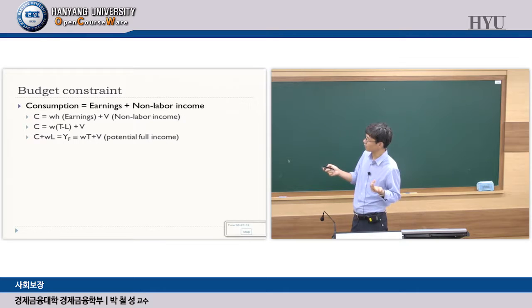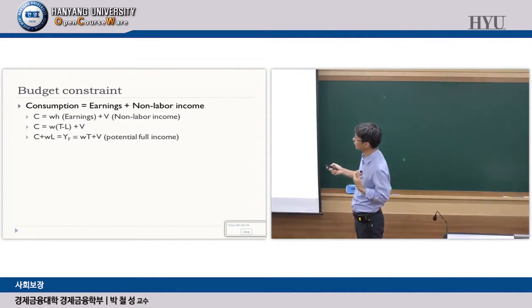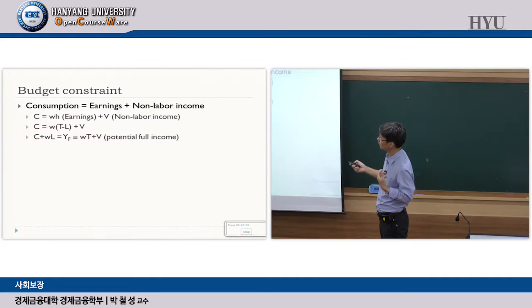Now, this can be written in this way as well. This is just algebraic manipulation: minus WL goes to the other side and becomes C plus WL equals WT plus V.